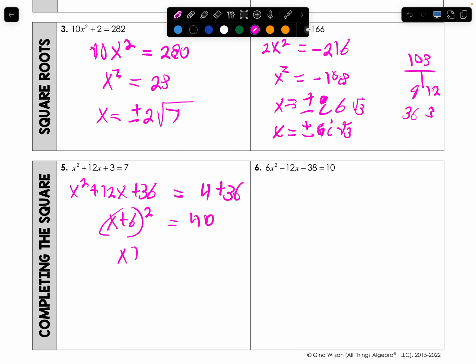And so that's x plus 6 equals plus or minus the square root of 40, which is 2 square roots of 10, right? And x equals minus 6 plus or minus 2 square roots of 10. Right? So, looks pretty good to me. You could put bars around it if you want. That would be nice.